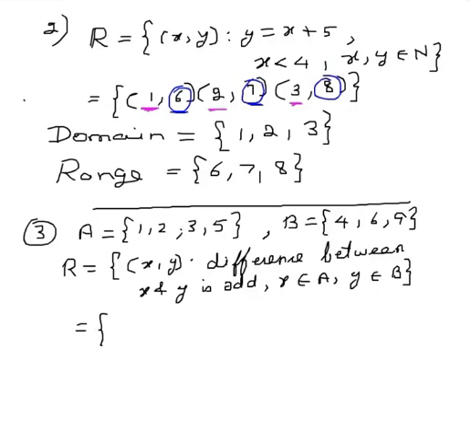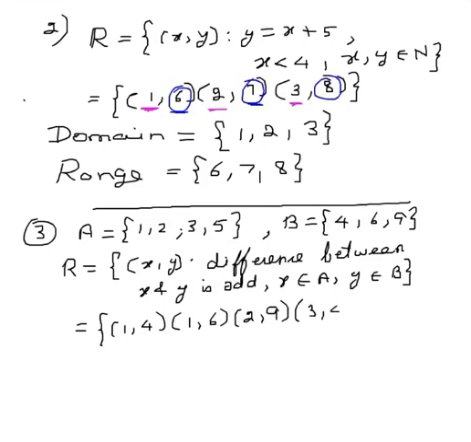The difference should be an odd number. 1, 4, the difference is 3, which is an odd number. 1, 6, difference is 5, odd number. 1, 9 won't come, the difference is 8. Now 2, 4, no, the difference is an even number. 2, 6 is also an even difference. 2, 9.